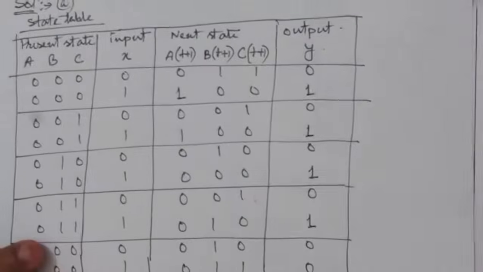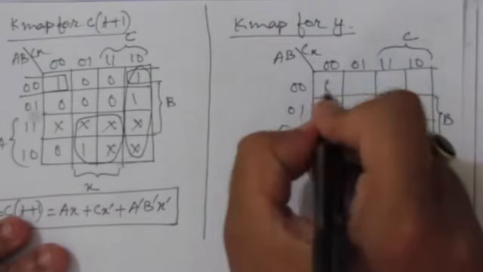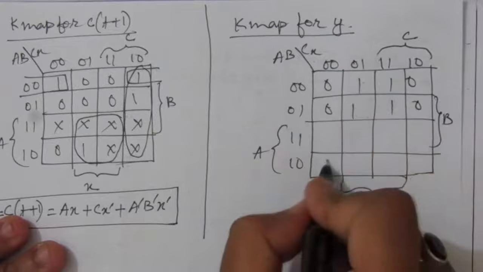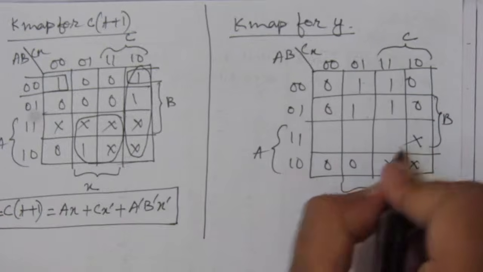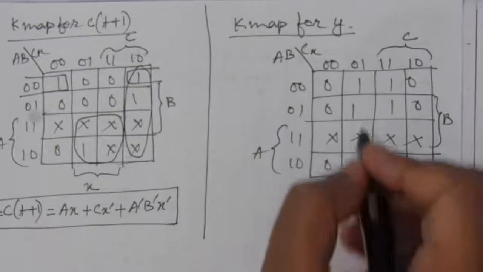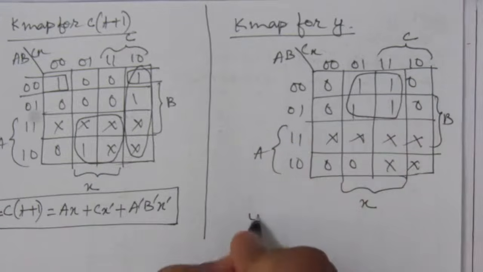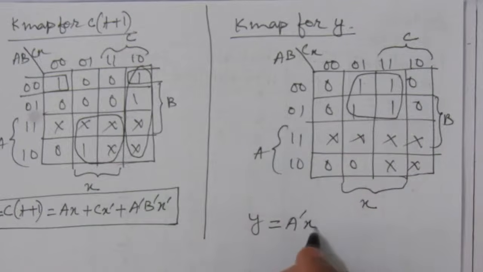So for y we have 0 1 0 1 0 1 0 1, then 0 0 0 1 0 1 0 1 0 1 0 0. Okay, next will be the don't care conditions. So we can combine like this. So y is equal to a bar x.